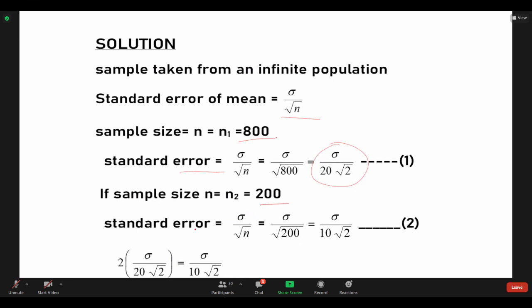N2 is 200, so sigma by root 200, that is sigma by 10 root 2. Assume that as equation 2. Now observe equations 1 and 2. See, 2 into sigma by 20 root 2 equals sigma by 10 root 2. Yeah, exactly. Very good.